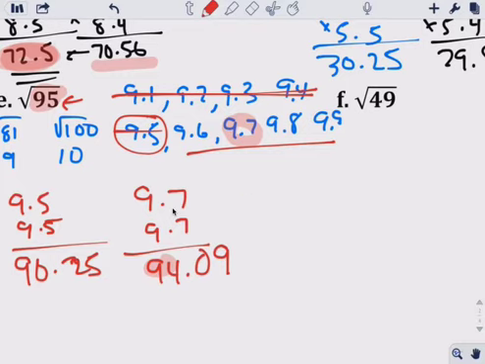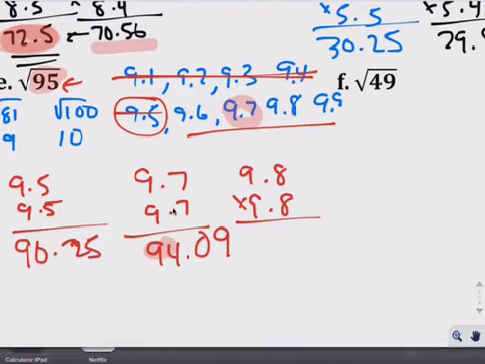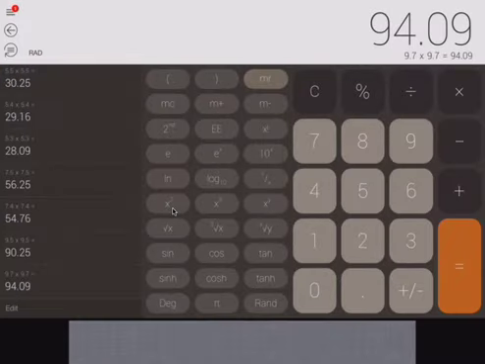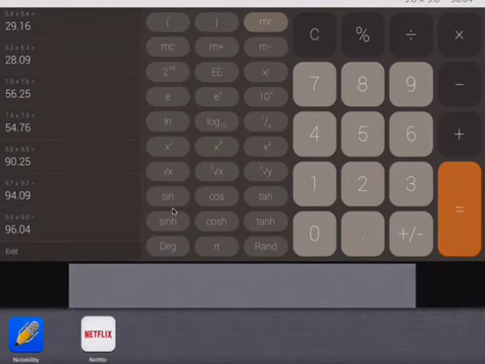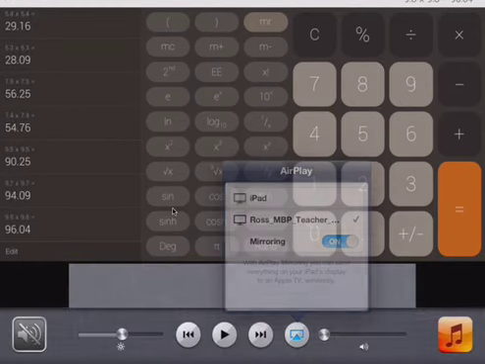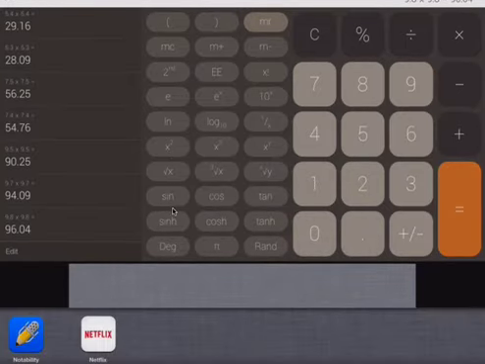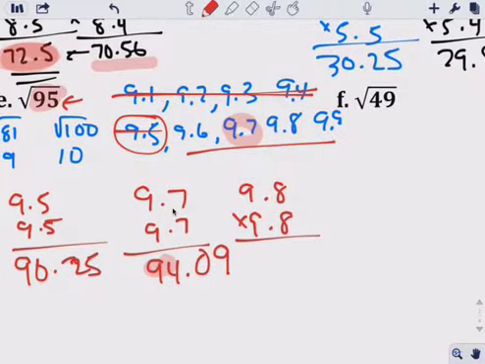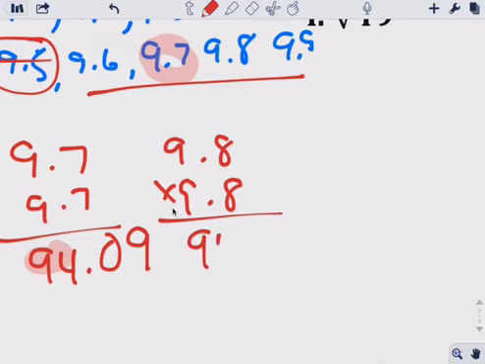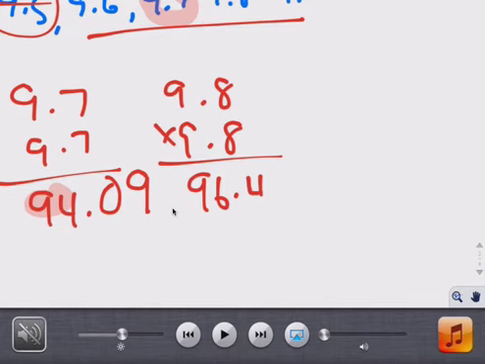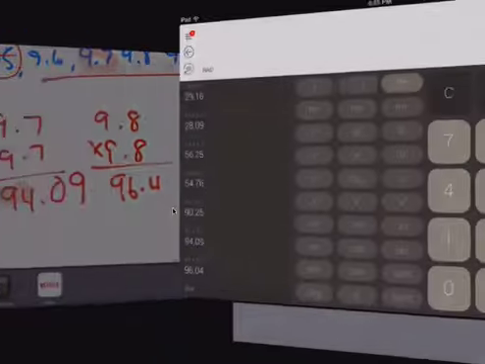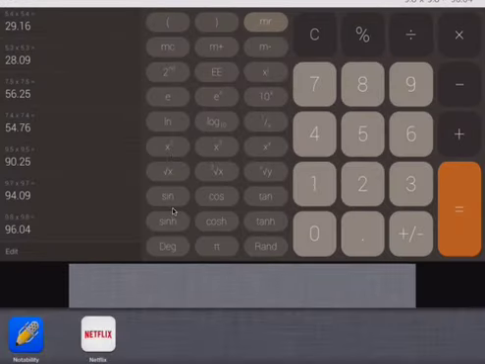Let's try 9.8 times 9.8. See what we get. Okay, clear it out. 9.8 times 9.8. 96.04. Let me see. Yeah, 96.04.